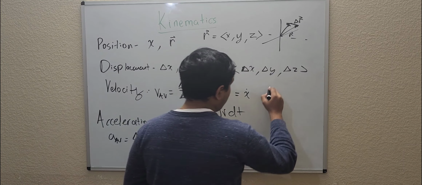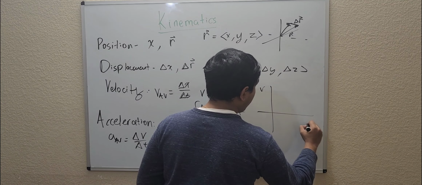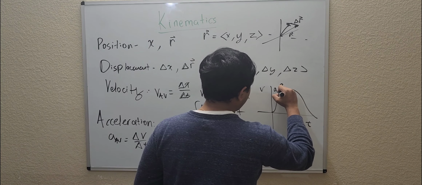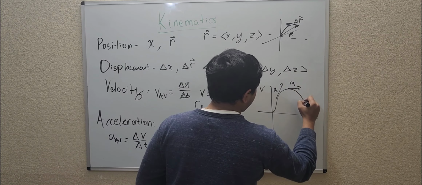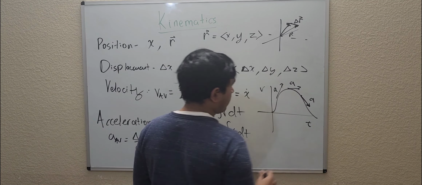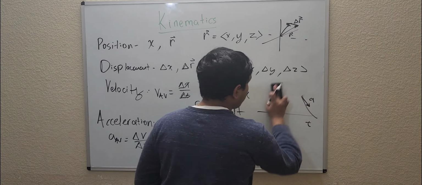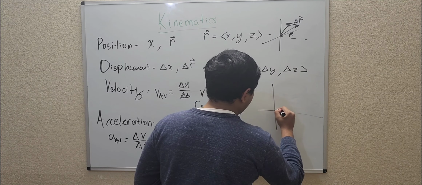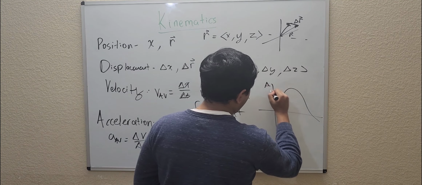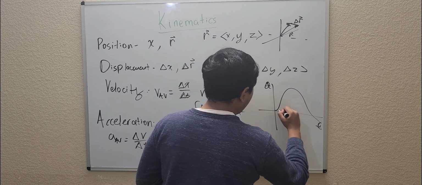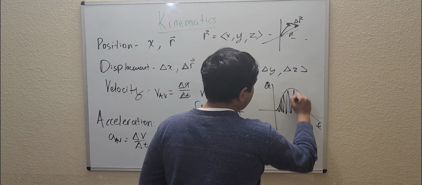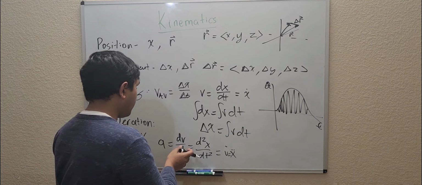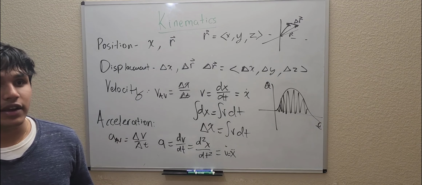So, for example, let's say we have the velocity versus time graph. The slope at any one point, that is acceleration. On an acceleration versus time graph, however, the area under that graph refers to the change in velocity at any one moment in time. You can just do that by separating variables and integrating.